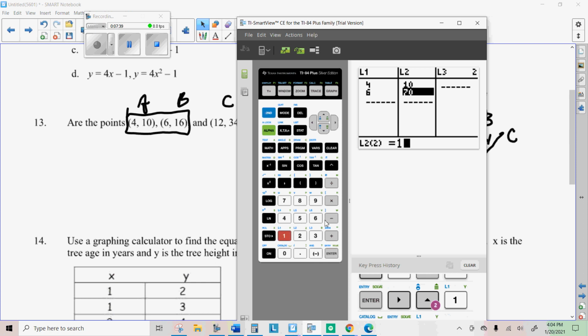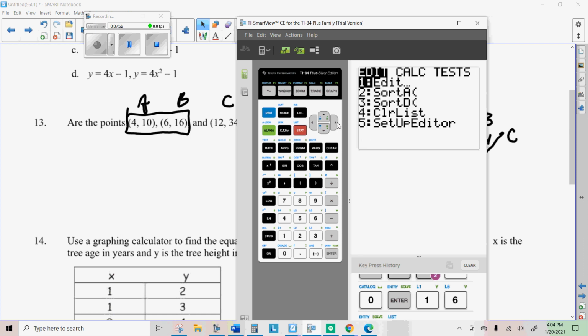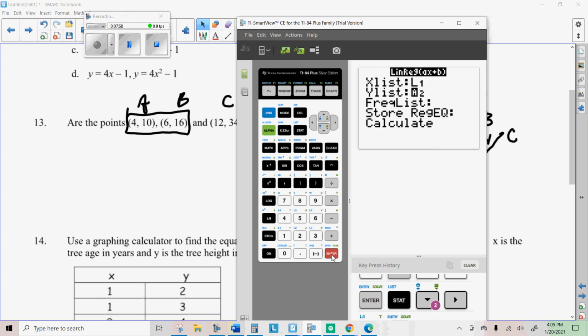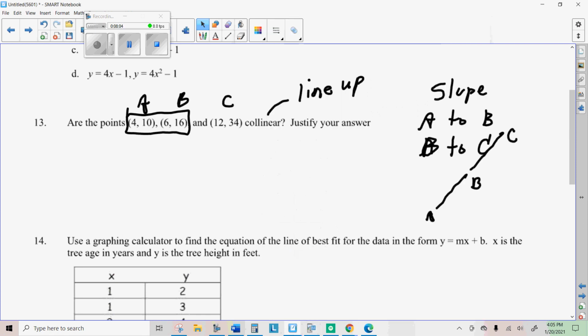You don't want to put all 3 in, because that's not going to show you if they all line up, because a linear regression will kind of average them. So you want to be careful about that. But if you put in 2 of them and you find the equation, the equation would be y equals 3x minus 2.